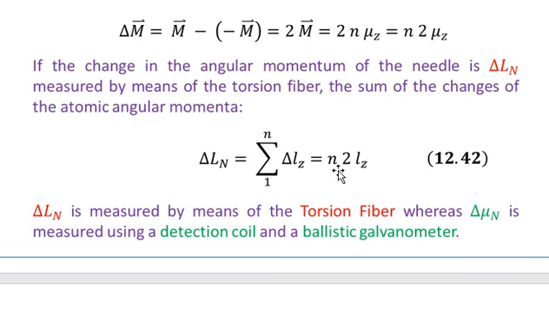And this is equal to 2 into Lz, similar to the case that we discussed in equation number 41. And here Lz is the Z component of the orbital angular momentum.